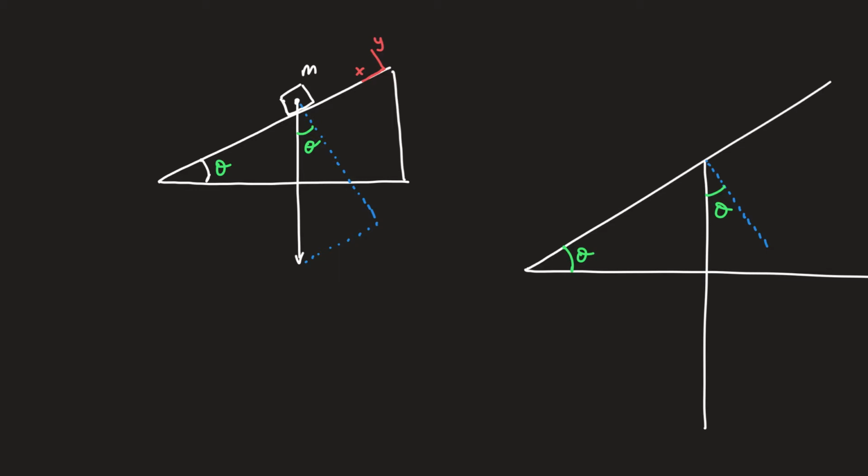So the first thing to do is look at the right triangle, and you should know that this here would be 90 minus theta. Next thing would be to realize that this here is a right angle. And notice that as we go from here all the way over to that, that's 90 degrees.